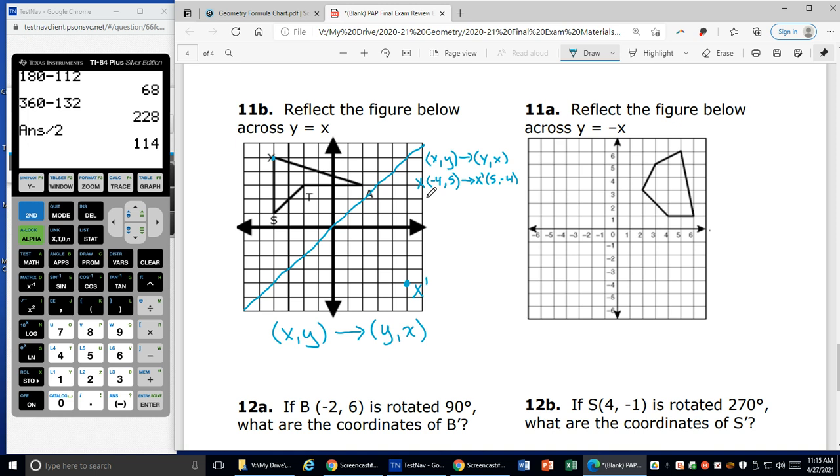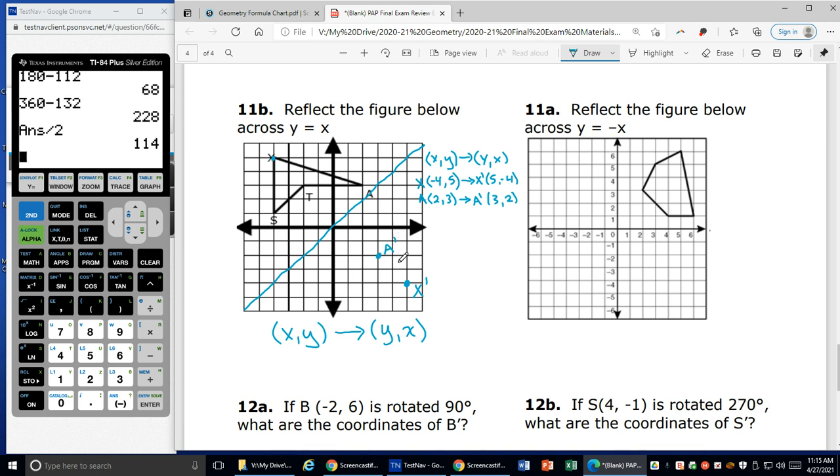Let's go to A next. A is the point 1, 2, 3, 2. So that means A prime is going to be, we're just going to say y is 3, x is 2. 3, 2. 1, 2, 3, 1, 2.